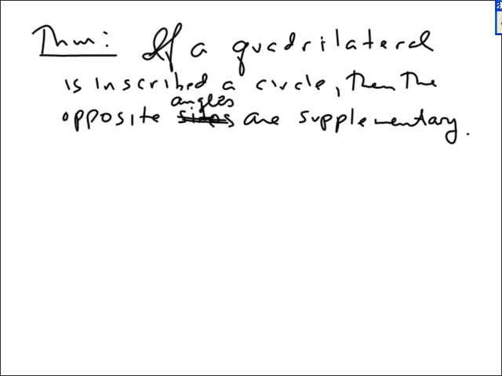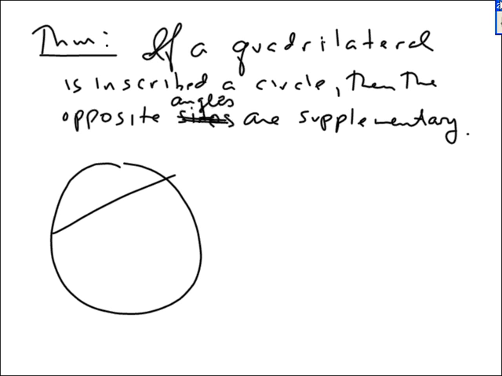Okay, and why is that? Well, you have a circle, and you have any old four-sided figure. And of course, the circle has a center. Let's call this quadrilateral A, B, C, and D.